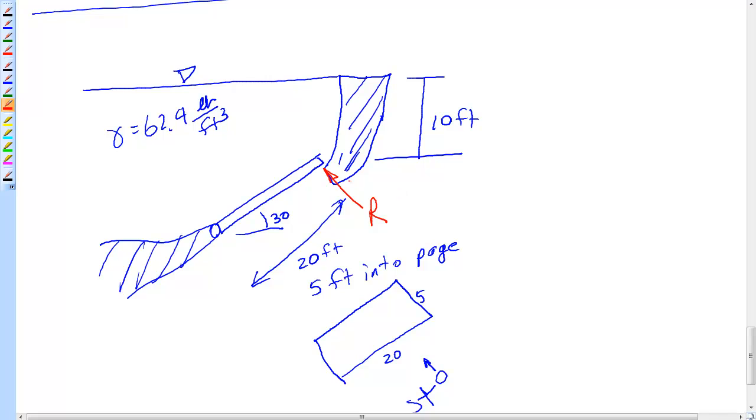Quick run through. All you have to do is you put the load on here, find out the depth down here, find the pressure here, find the pressure down here. It gives you this pressure diagram. Notice that when I draw this, it is always perpendicular to the surface, as it should be.